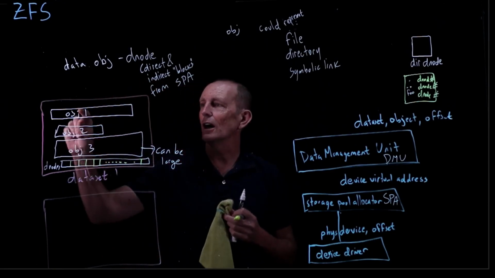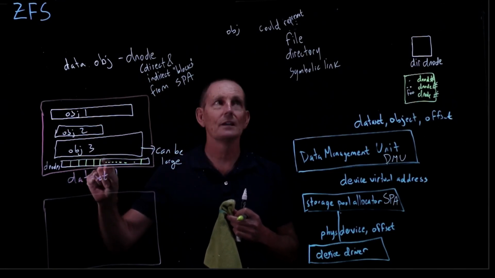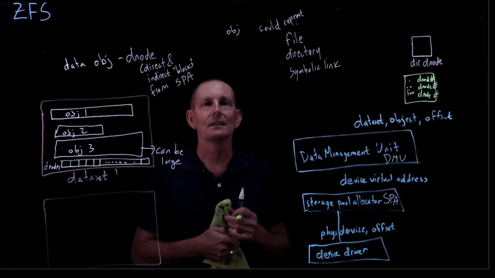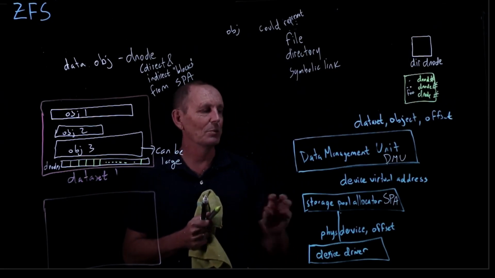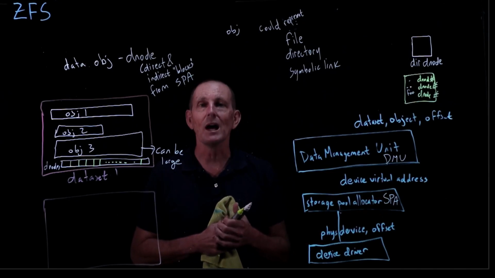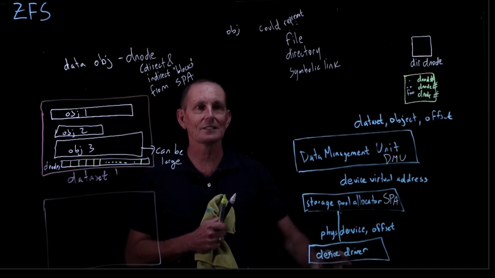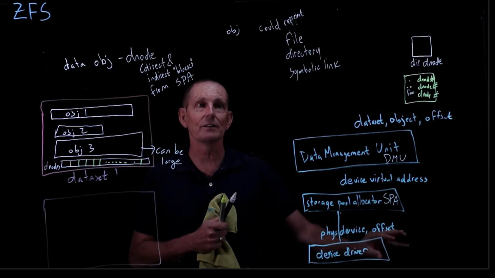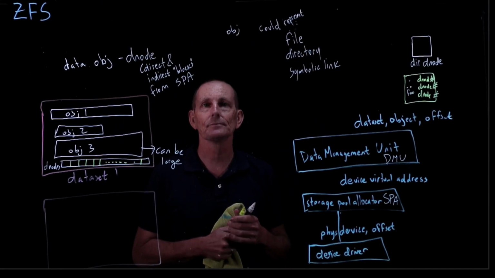Each object here is represented by a dnode. The dnode contains both direct and indirect references to blocks retrieved from the storage pool allocator. Those blocks are virtual addresses, so where they are on the actual disk, we don't know, and it could be different at different times. The storage allocator is going to take care of that.